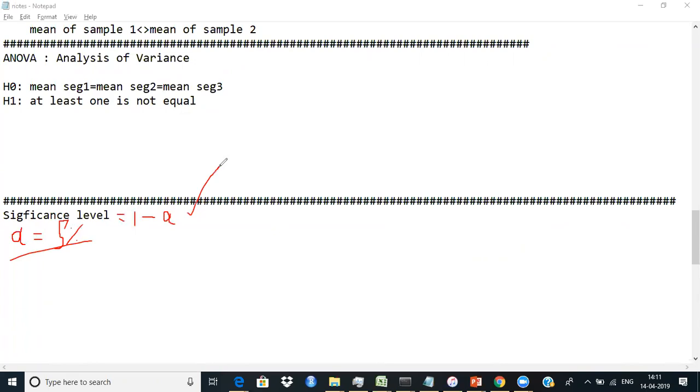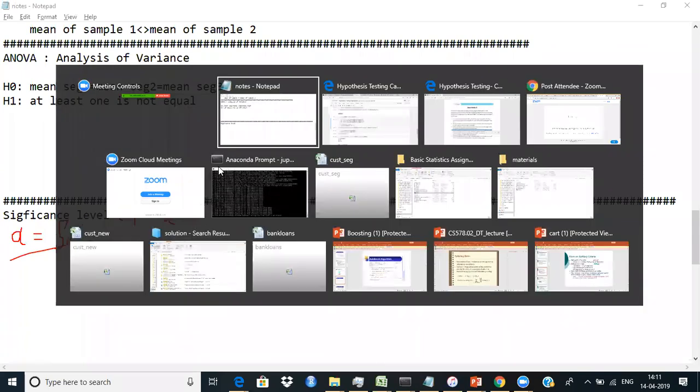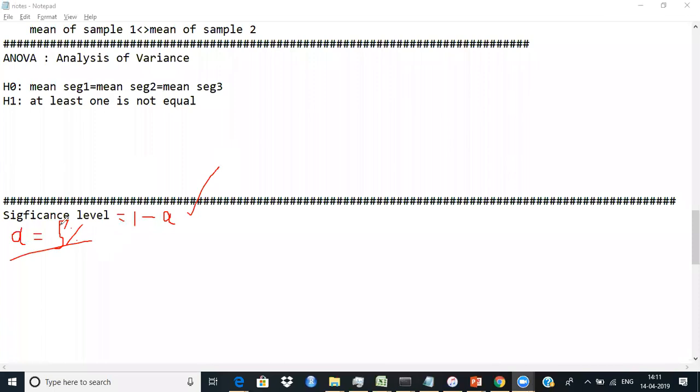We are sure about it with a 95% probability, right? Alpha is what? Type 1 error. Confidence level and significance level are interrelated. Confidence level is used for interval estimation. Significance level is used for hypothesis testing. Is this clear?